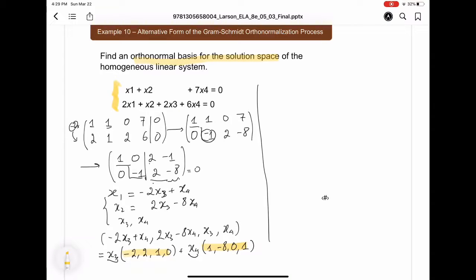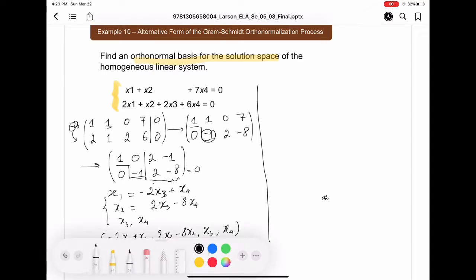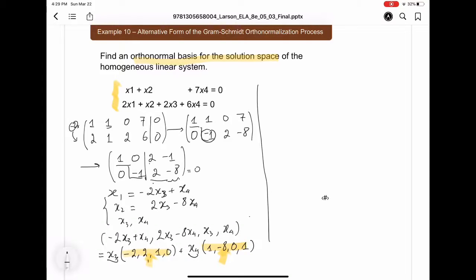So that means we have to apply the Gram-Schmidt process to these 2 vectors, right? Okay, so we just fix one. Let's say that is V1, and this is V2. So I will fix the first vector. I denote U0 equal to V1. And then the second vector is U1 equal to V2 minus the orthogonal projection of V2 onto U0.